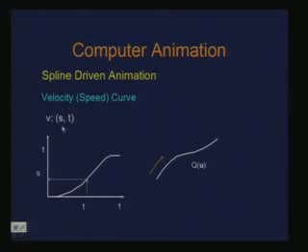Fine. So the combination of this is determining the speed for you. This curve, for instance, is an indicator of a slow start and a slow end.